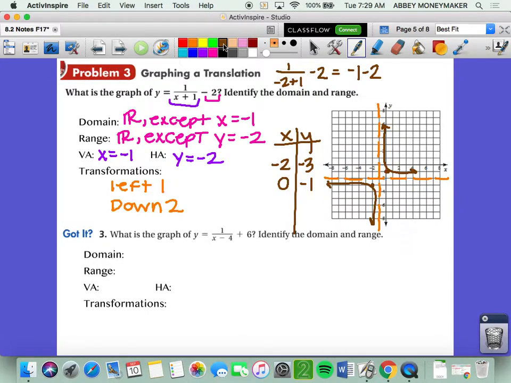So on number 3, if you want to, go ahead, try it on your own if you feel comfortable. See if you can list the domain and range. Maybe list the asymptotes as well.